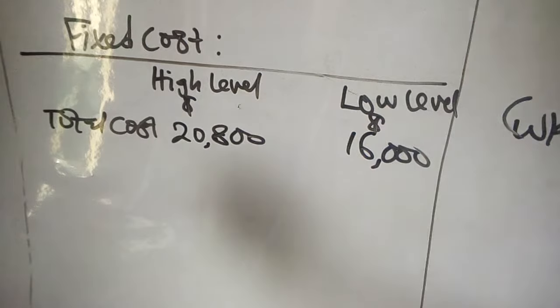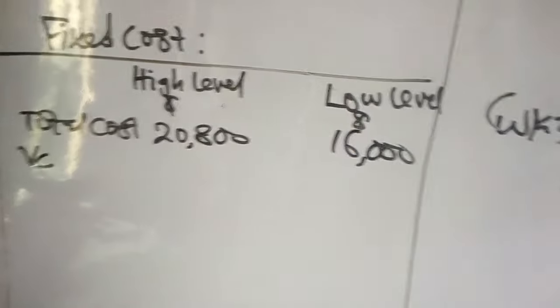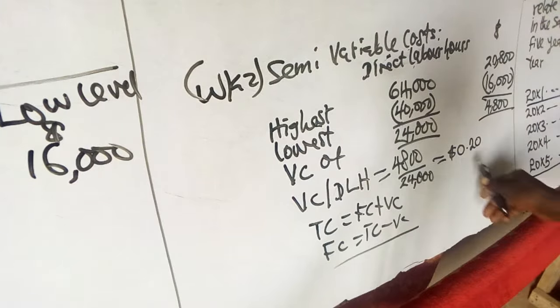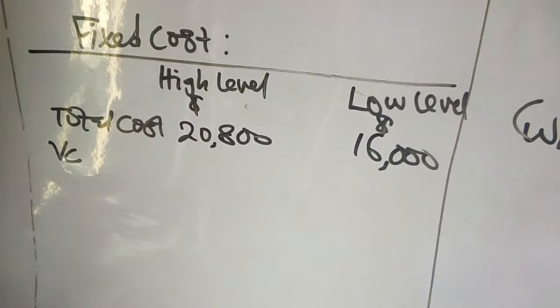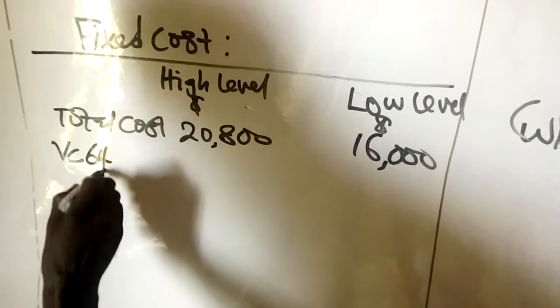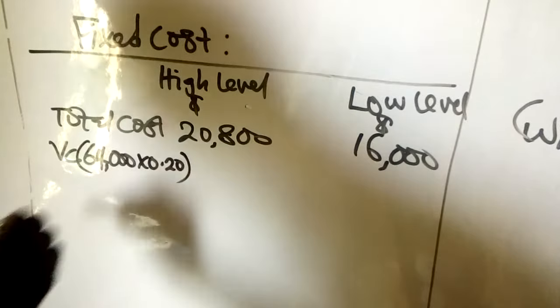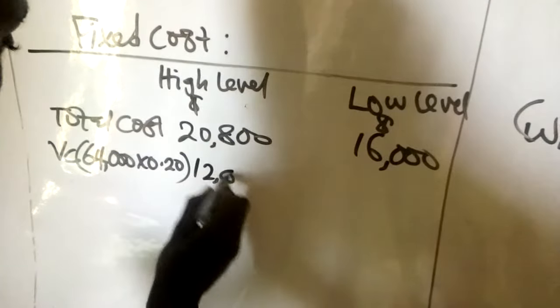From our total cost, you less your variable cost. You have determined your variable cost per direct labor hour, and that has been calculated to be 0.20. Remember, the high level of activity represents 64,000 direct labor hours. So 64,000 times 0.20 gives the variable cost at the highest level of activity, which is 12,800.